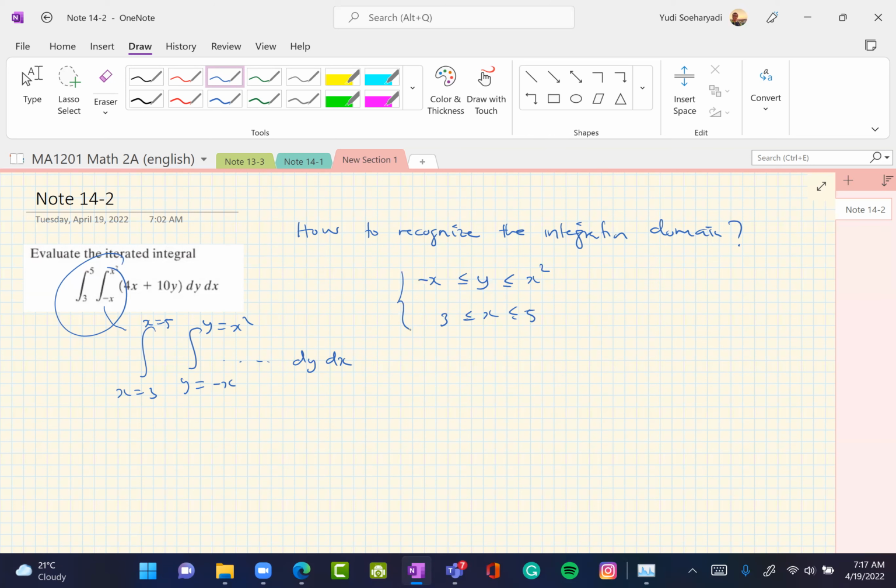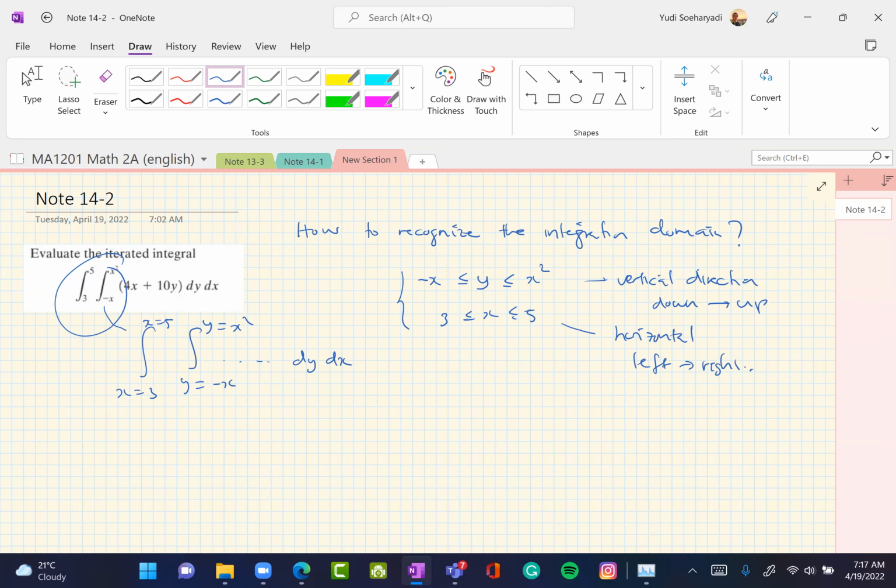Okay, so y here is the vertical direction, from down to up, and x is the horizontal direction, from left to right.